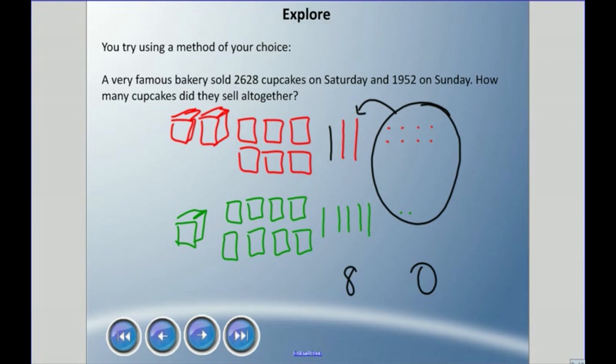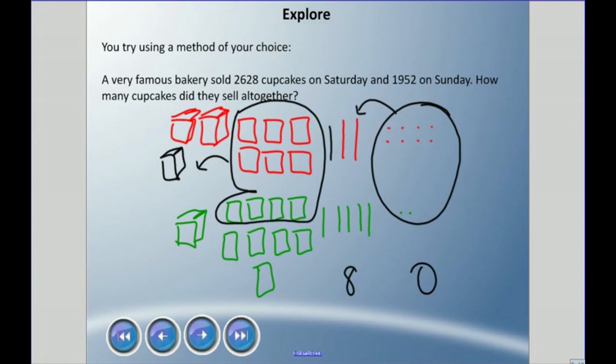I have 6 in the red, and I have 9 in the green, and so I only need 4. I guess I can do that. 4 to make another 1,000. Okay, and so I'm left with 5 over, and then 1, 2, 3, 4.